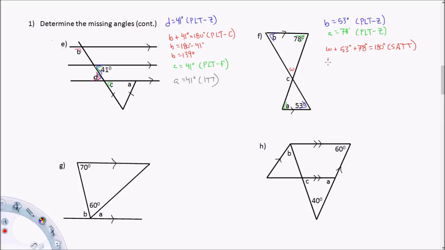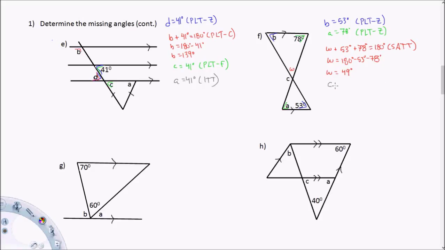Now let's isolate for W by subtracting 53 and 78 from both sides of the equal sign. Therefore, W is equal to 49 degrees.